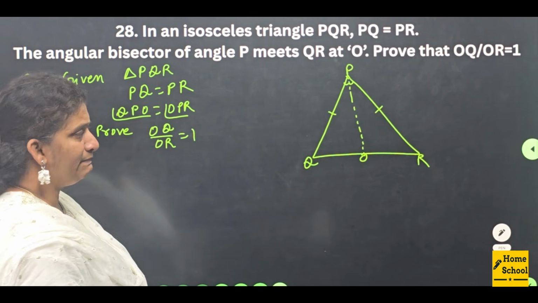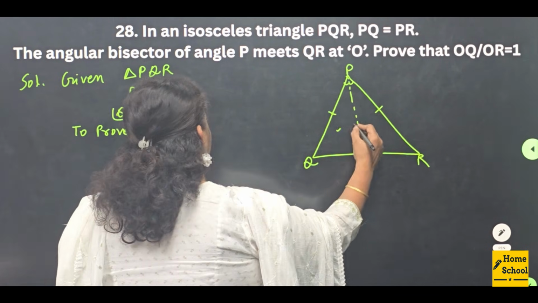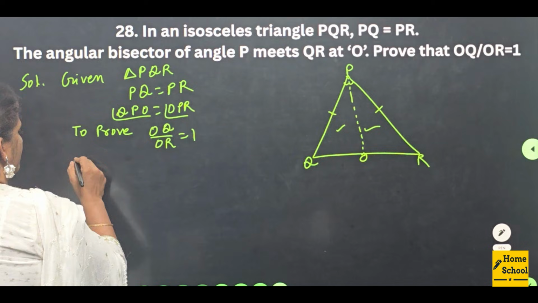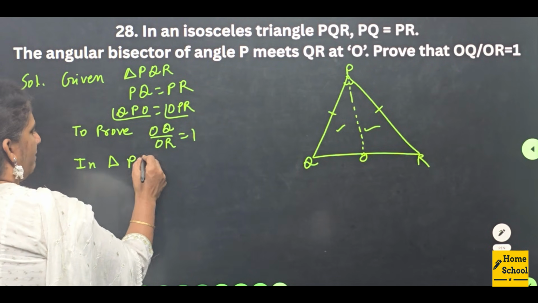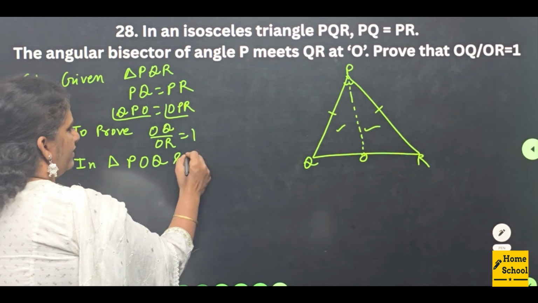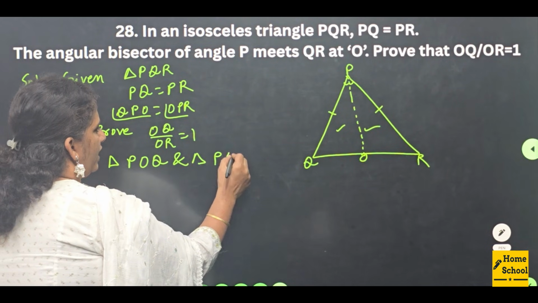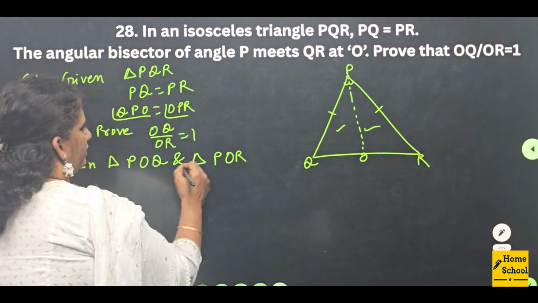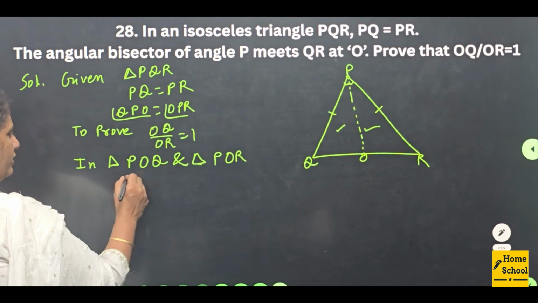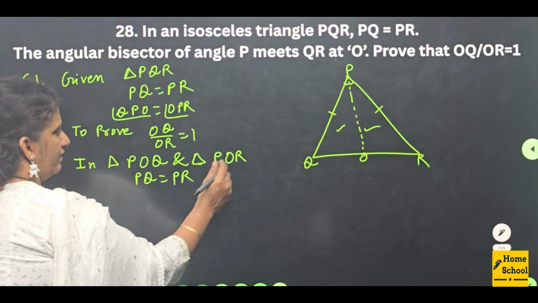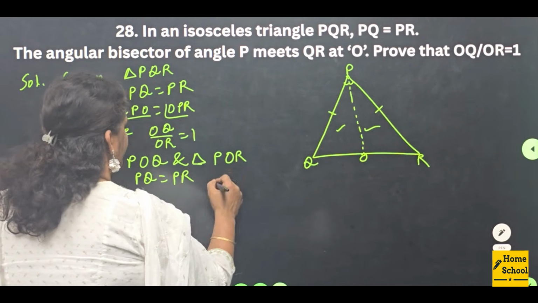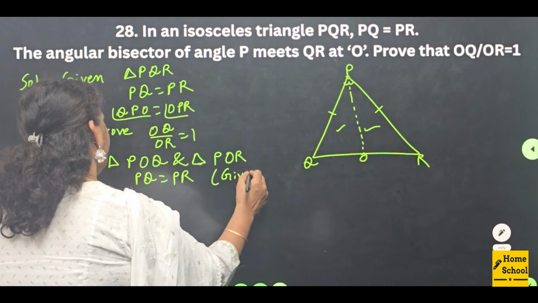This is very simple. Consider these two triangles. Proof. In triangle POQ and triangle POR, what do we know? We know that PQ is equal to PR. This side equal to this side. This is already given.